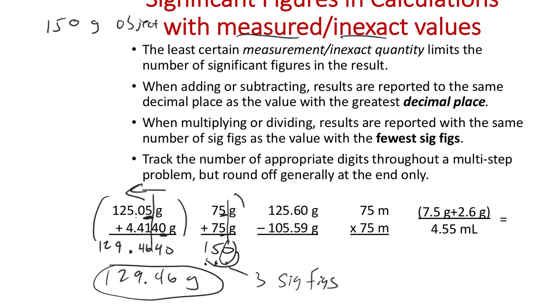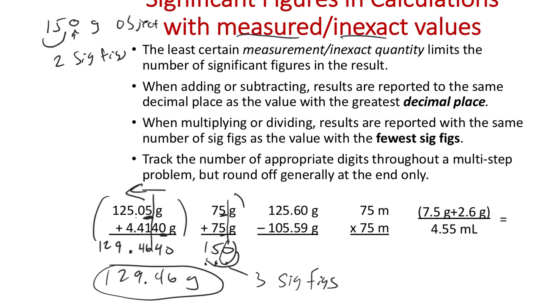Here I would say it should be 2. These zeros here are kind of tricky to know the significance of if we're not told more information. So if we see 150 without any context, we're going to assume that that's 2 sig figs and that last 0 is just there to be a placeholder, and that it doesn't mean 150 plus or minus 1, it means 150 plus or minus 10 with 2 sig figs.